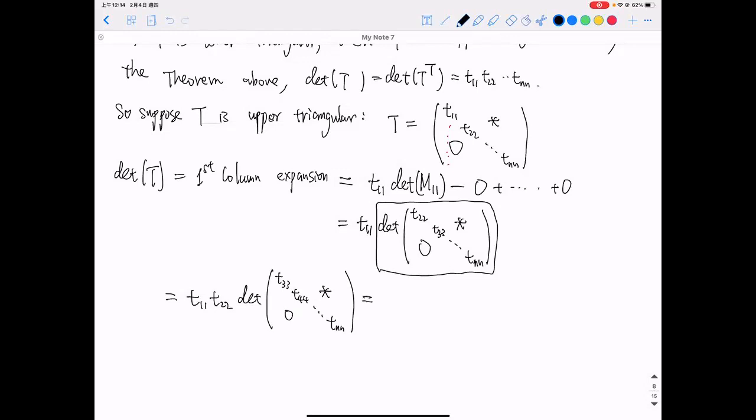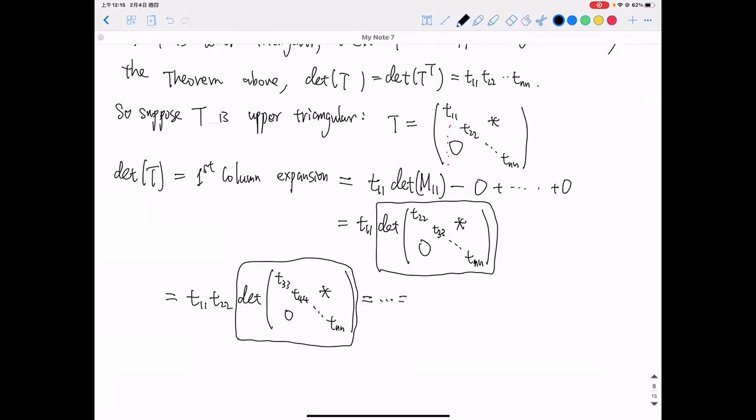Then you have to compute the determinant of another upper triangular matrix. So you proceed in the same way, computing the determinant along the first column. In doing that, you pop out a diagonal entry T33 and get another determinant of a matrix of the same form.